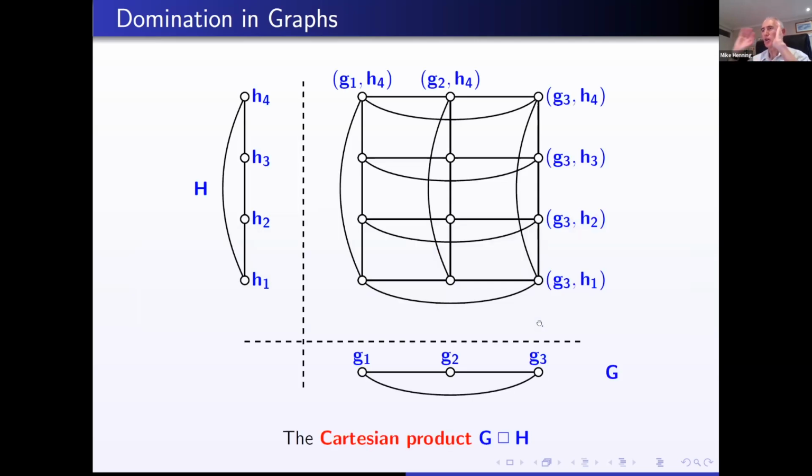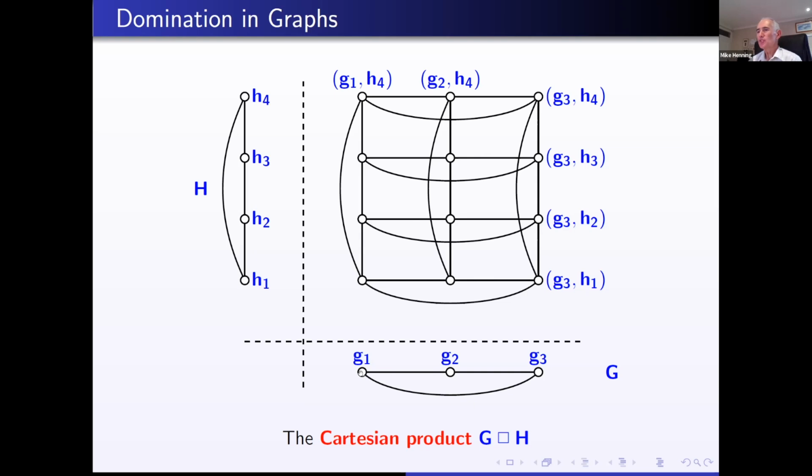So let's just take an example. Let me take as H a 4 cycle and take as G a triangle. When you form the Cartesian product, essentially you're taking multiple copies of G and H. You have what are called layers. For every vertex of H, you've got a copy of G, which we're going to call a G layer.